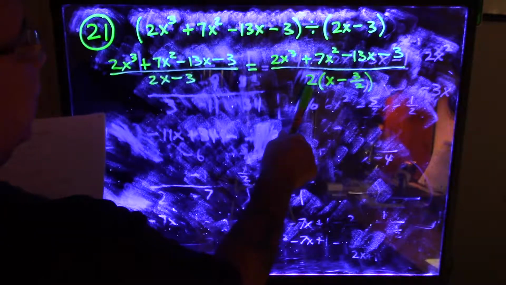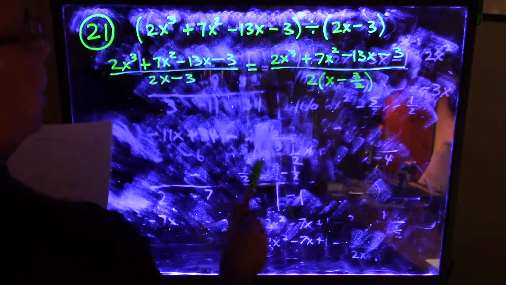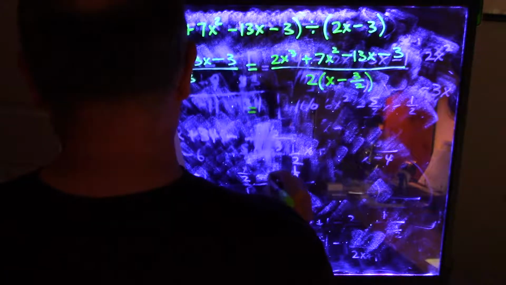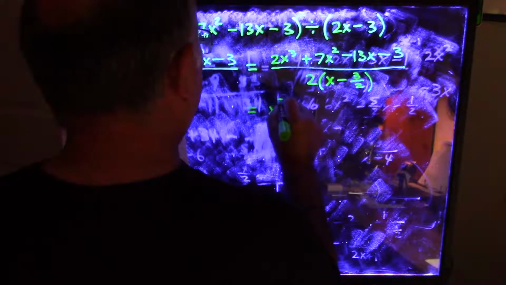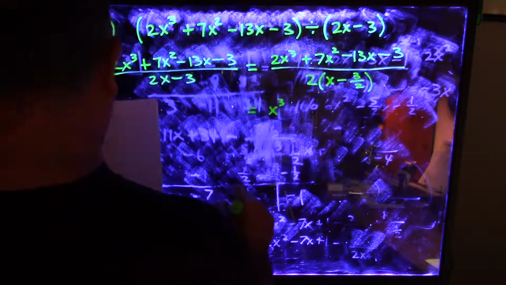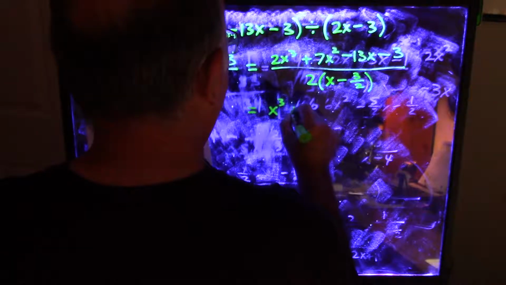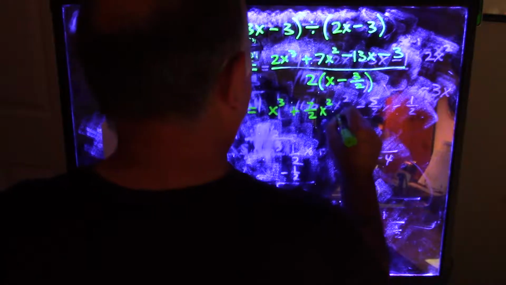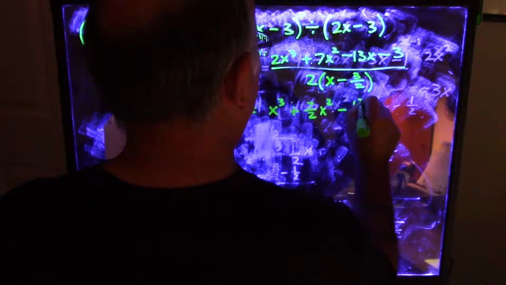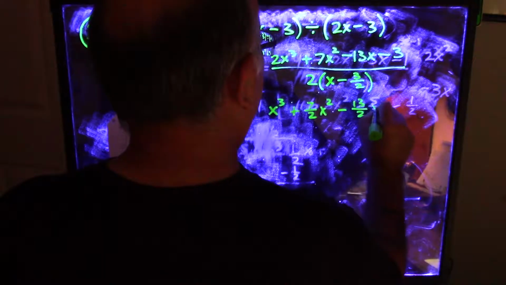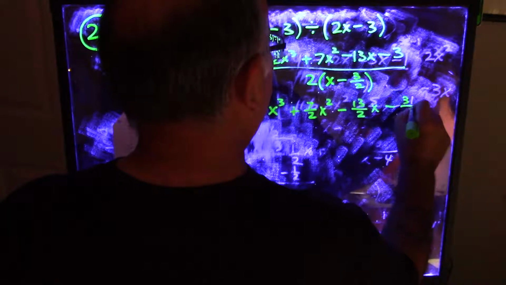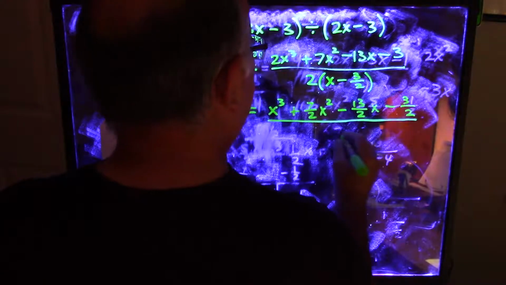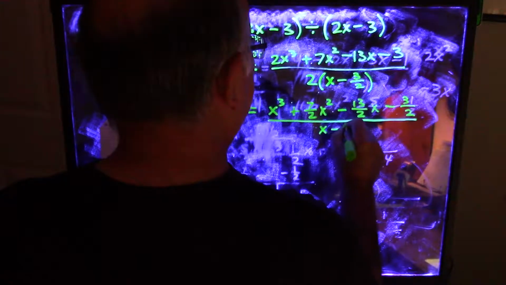And then you can take this 2 and divide it into each of these coefficients on top. So you end up with x cubed plus 7 over 2 x squared minus 13 over 2 x minus 3 over 2. And down below you have x minus 3 halves.